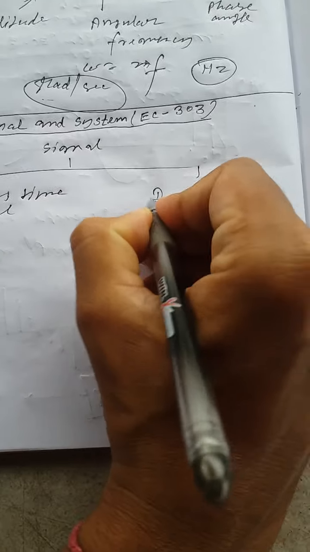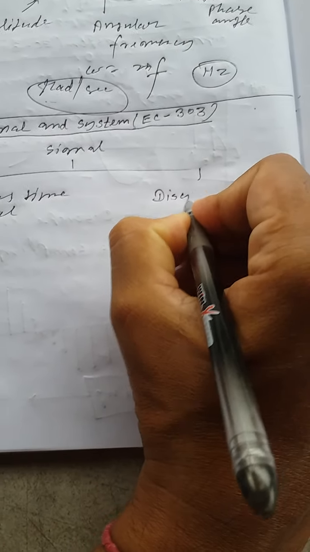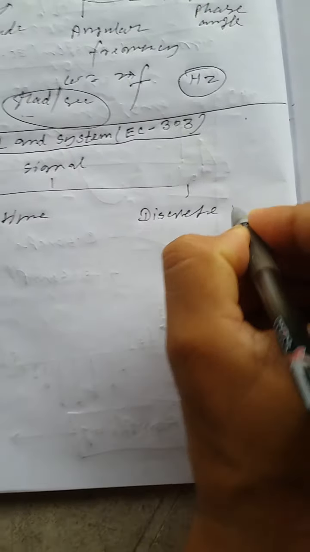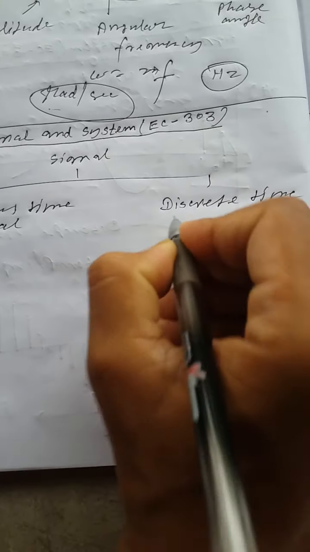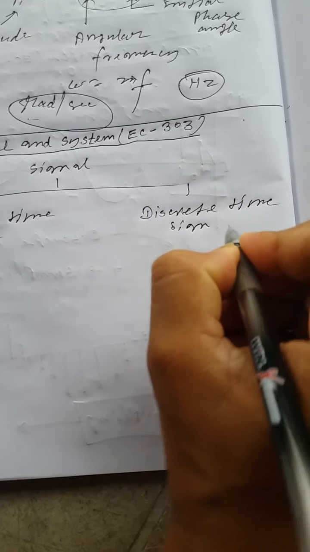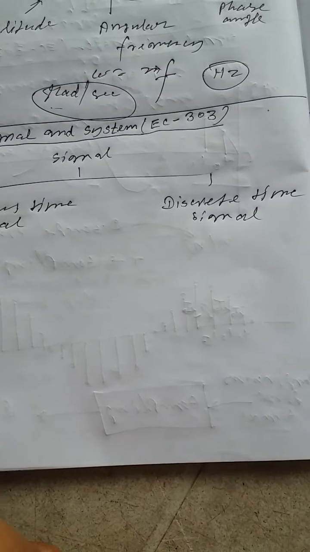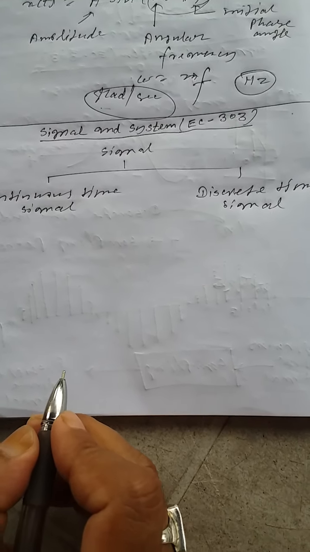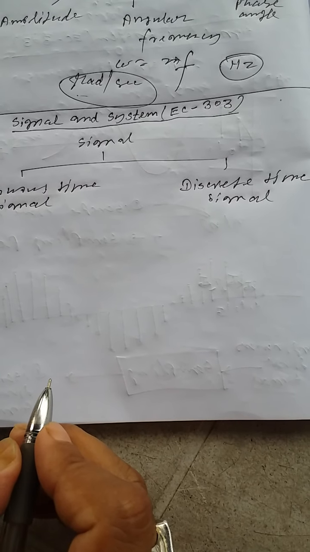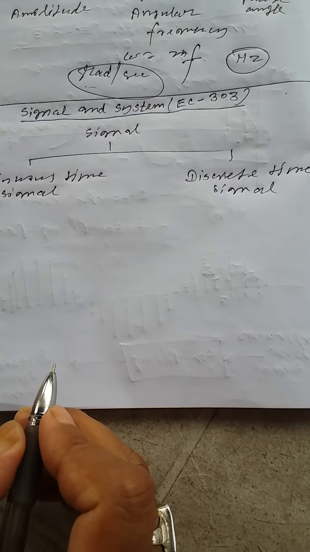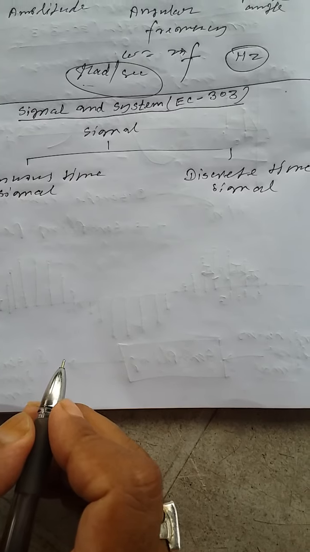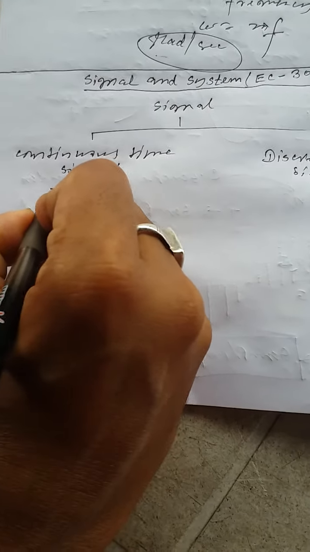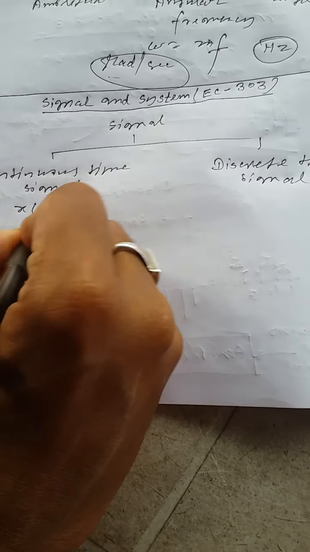Another one is discrete time signal. Now, what is a continuous time signal? The signals that are defined for every instant of time are known as continuous time signals. Okay, a continuous time signal is denoted by x of t.